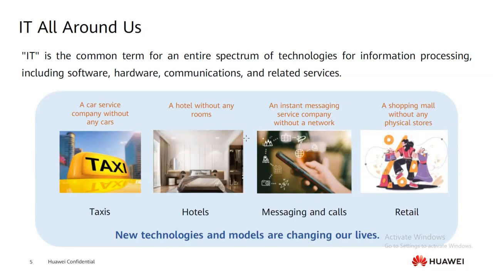That implies they will need software, hardware, and communication-related services, and all these services are also changing. After a very short period of time, a new technology will come up and you have to upgrade.